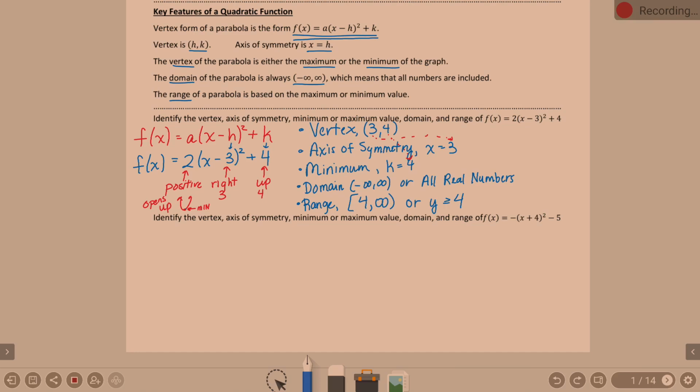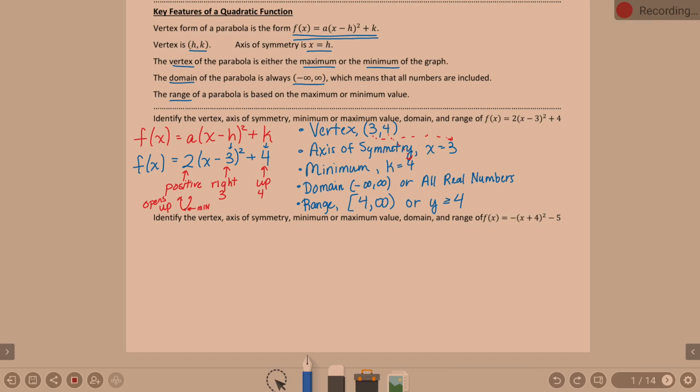Really am kicking myself for not getting in Sophos to remember which way they want it. Okay? Watch your directions in Sophos. They'll tell you either we want the interval notation or we want inequality. But because it's range, we use y. It's all numbers bigger than 4.